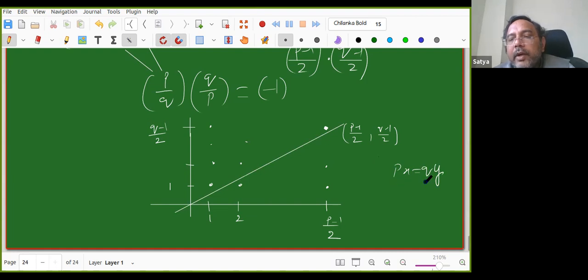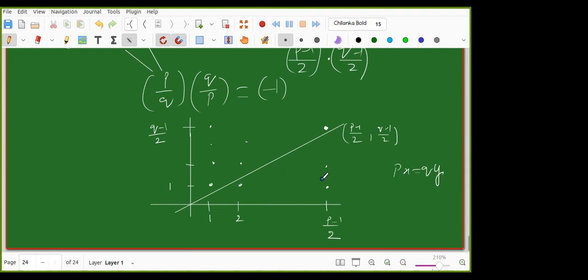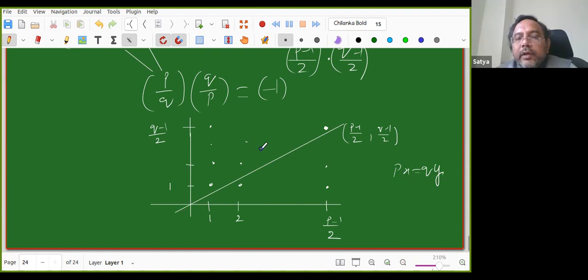How do you prove that? p and q are coprime. If, for example, there is a point here, that means pa = qb, then q divides pa. But this a value goes only up to (q-1)/2, and p and q are coprime, so q cannot divide. That way we can easily see that none of the lattice points lie on this line.